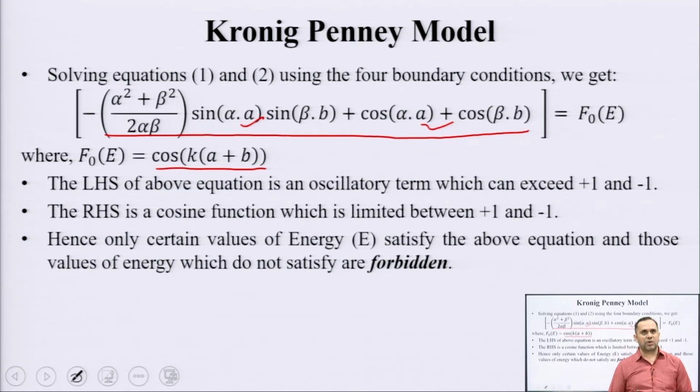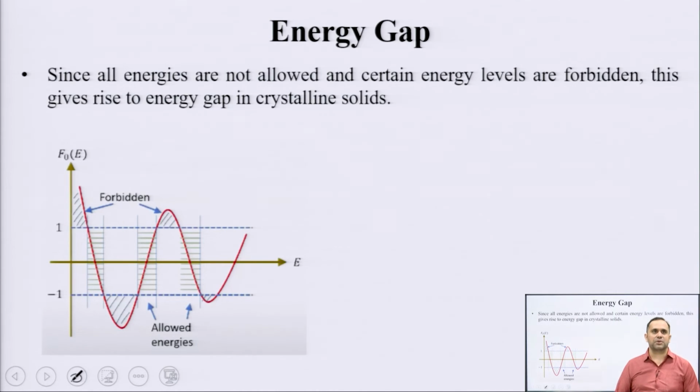So, an electron inside a crystalline solid can only take certain allowable energy values, and any other value of energy which is not allowed is said to be forbidden. And if we plot this energy with respect to k, this is the kind of shape which we get.